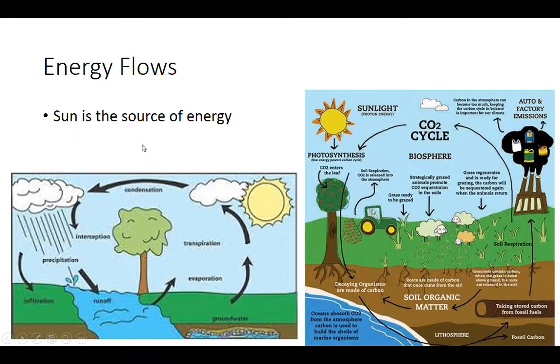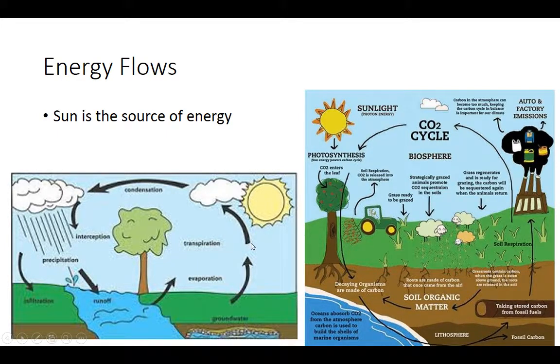And the sun is the source of primarily all of our energy on Earth. There are a few exceptions, but the sun, in the case of the water cycle, causes evaporation to happen, which then leads to condensation, precipitation, and runoff, and all those other things happen because of that. So the energy is flowing through the cycle.